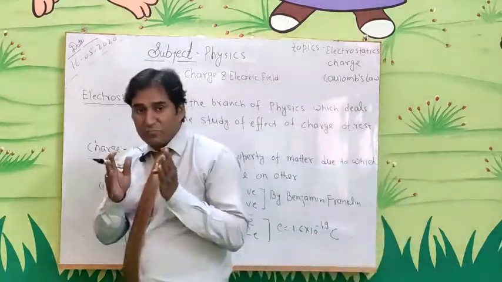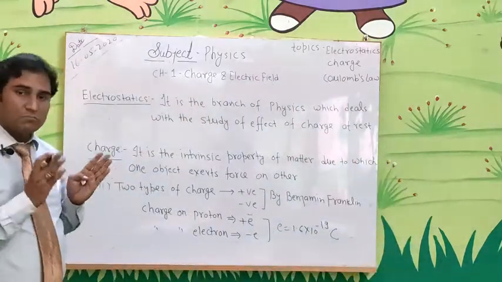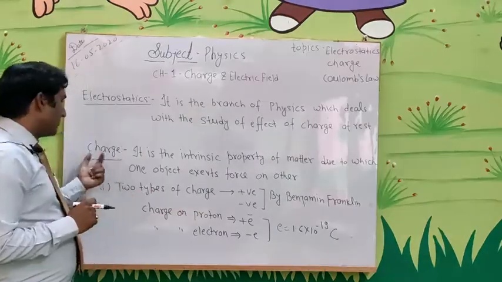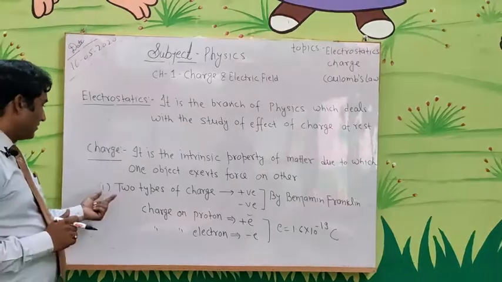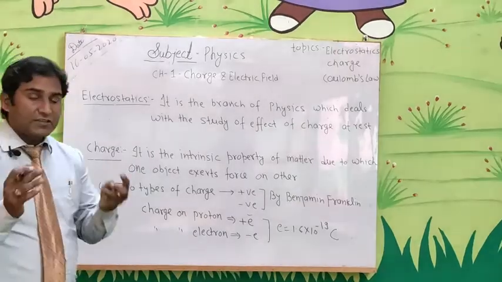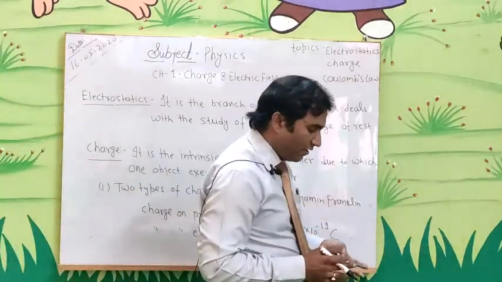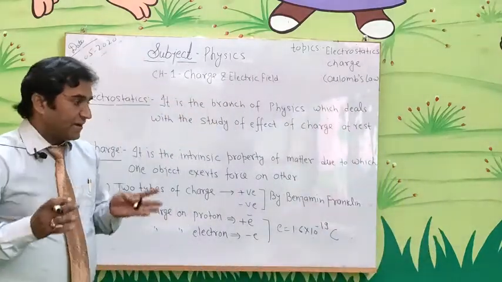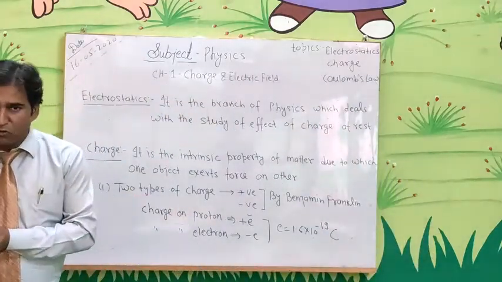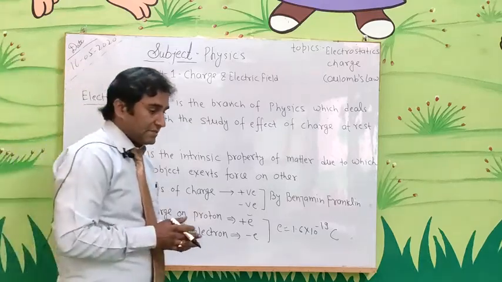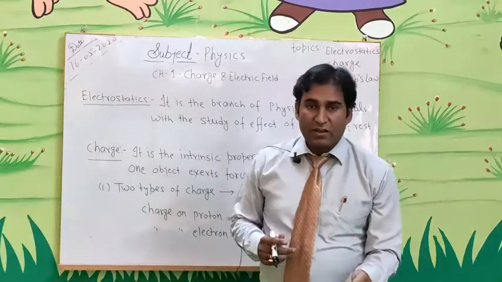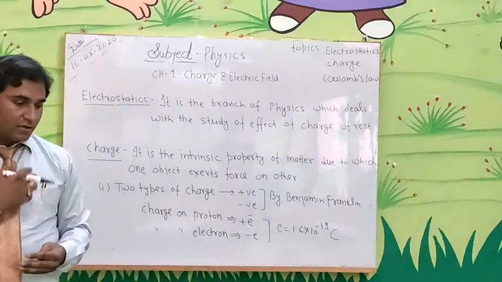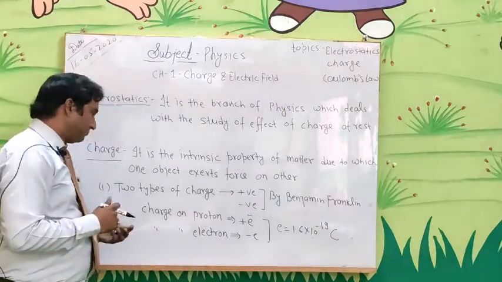It is a basic property of matter, just like mass. So we can define charge as the intrinsic or inherent property of material, and material is made up of electrons and protons. Due to these, one body can attract or repel the other body.